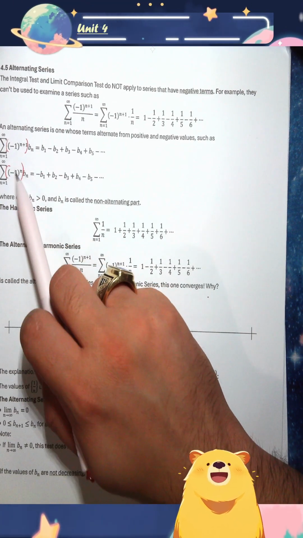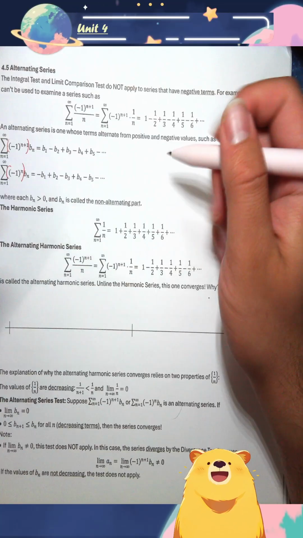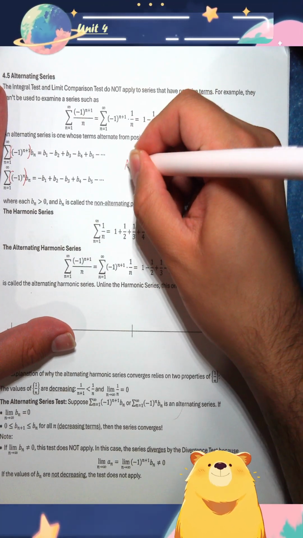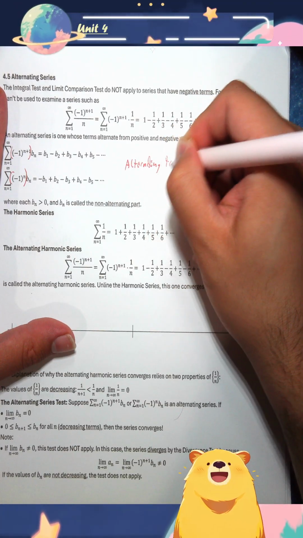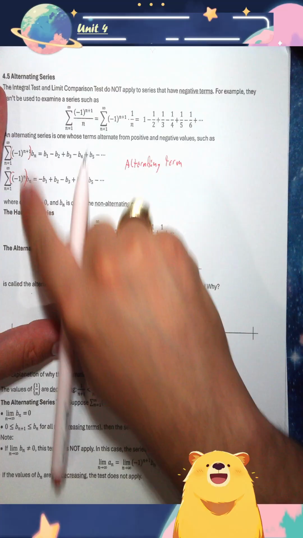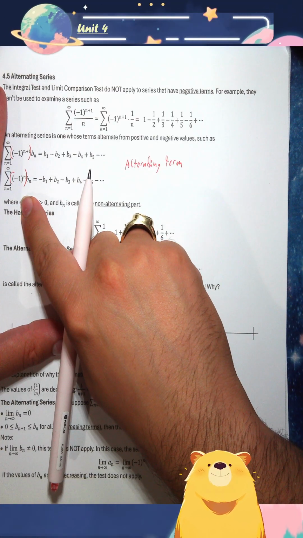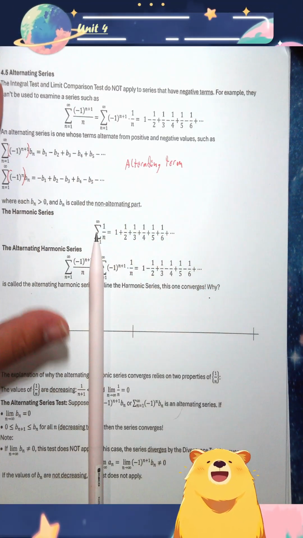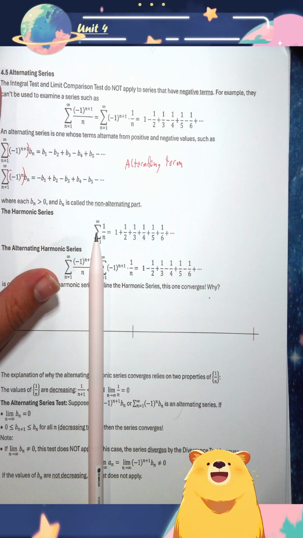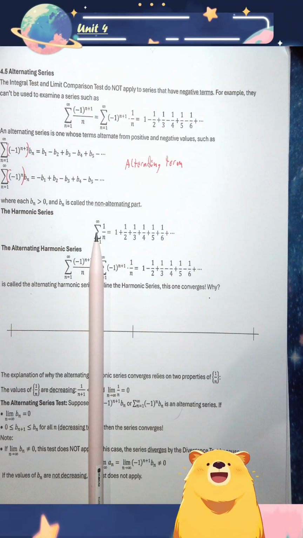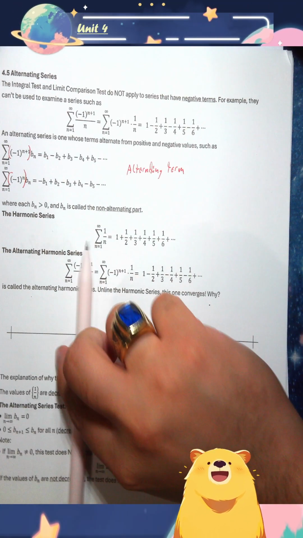Okay. So what these guys over here are called is the alternating term. The alternating term can take forms like this, and we just know that it's something where it just flip-flops, where it goes from positive to negative, almost like in patterns.